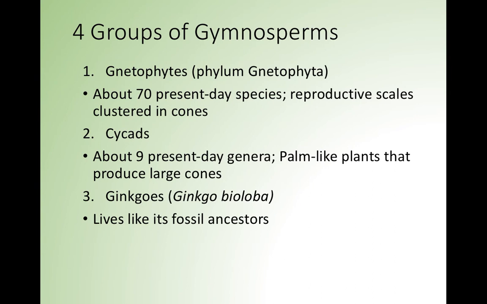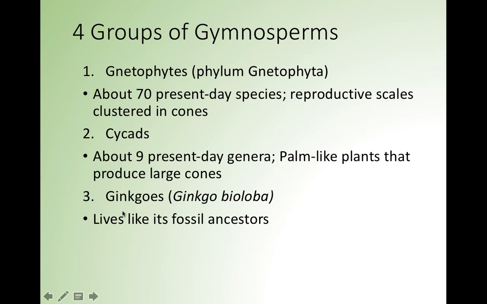Okay, ginkgos are even more rare. In fact, present day, there's only 1 species. I think that's a typo, sorry. Ginkgo biloba, there's no O there. You might want to just correct that and remove that O. Ginkgo biloba is actually the only living species that we know of. Obviously, there may have been more that occurred a long time ago. In fact, the fossil record shows there were, but right now there's only 1.